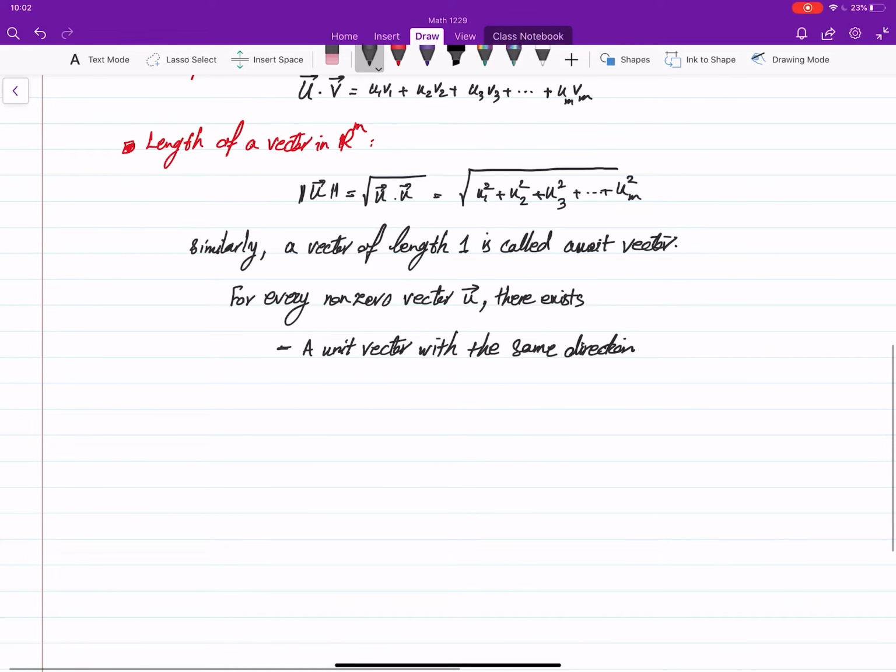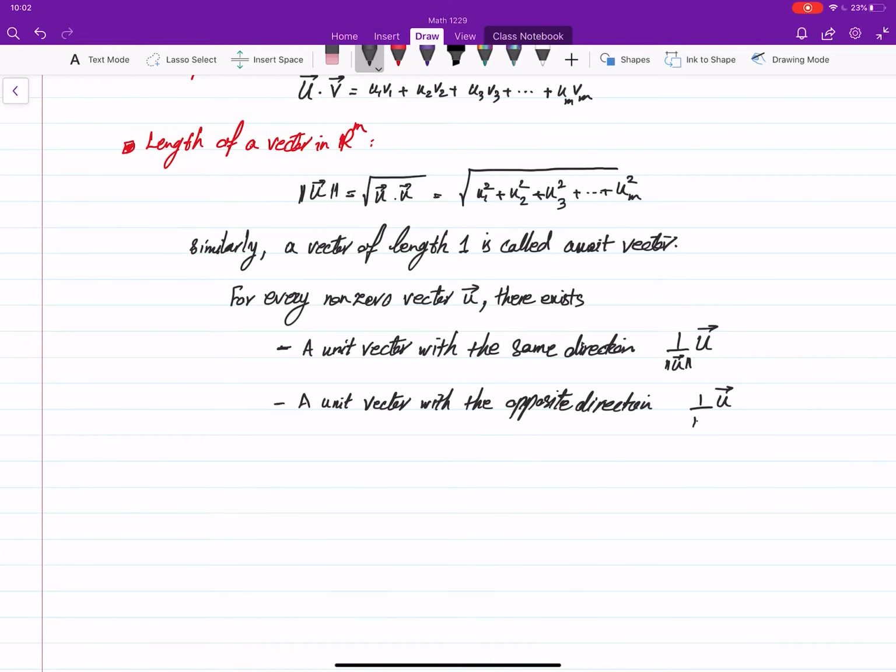You remember, we found it by multiplying the U vector by 1 over the length of U. There is also another unit vector with the opposite direction, which is again very similar: multiply U by 1 over the length of U, but to get the opposite direction you multiply it by negative 1.